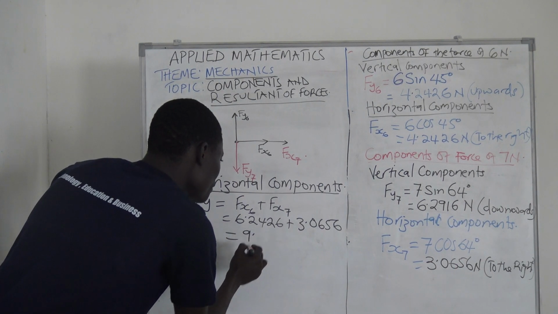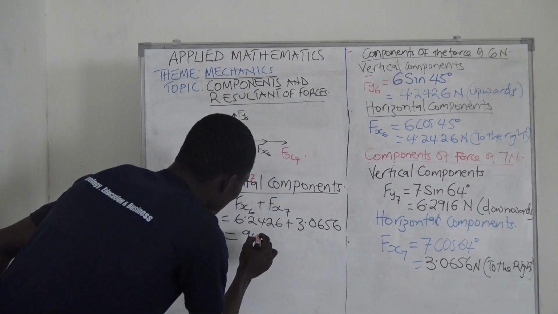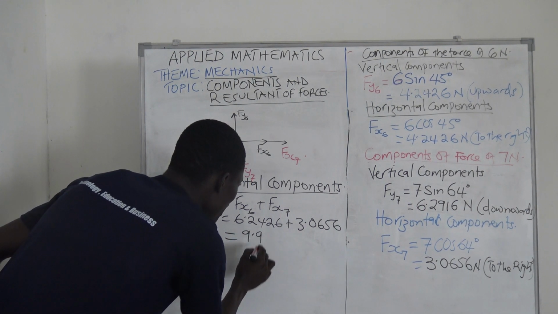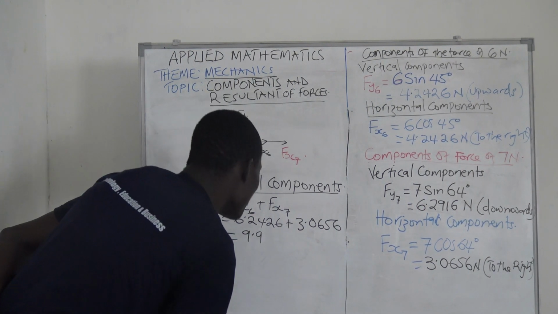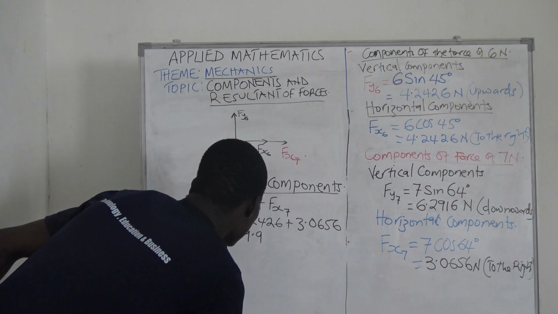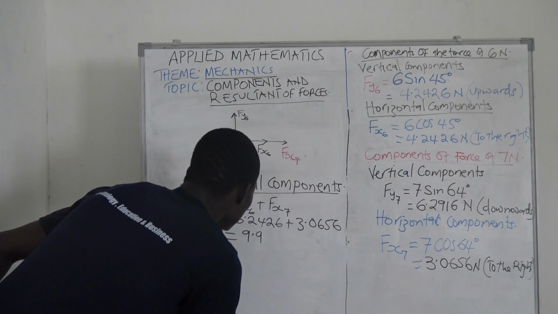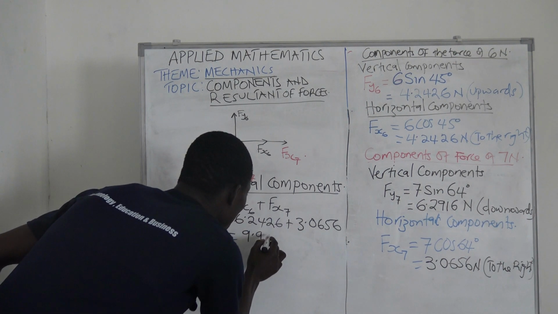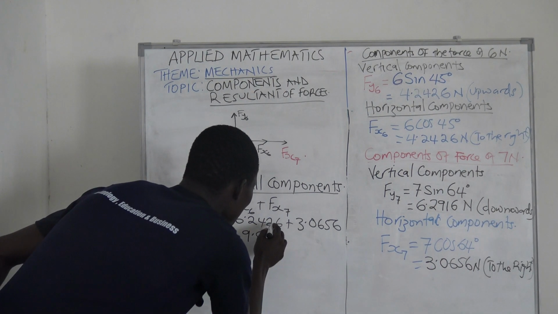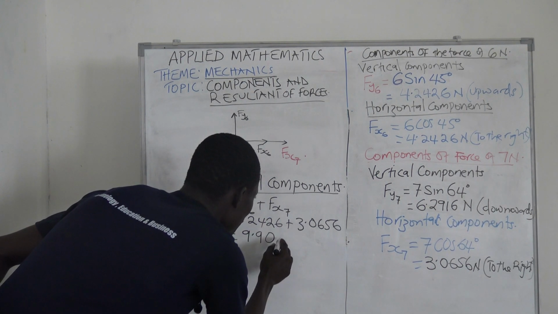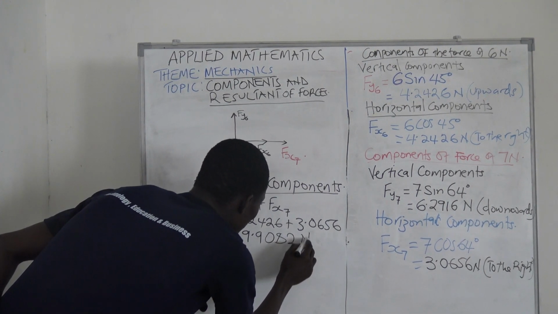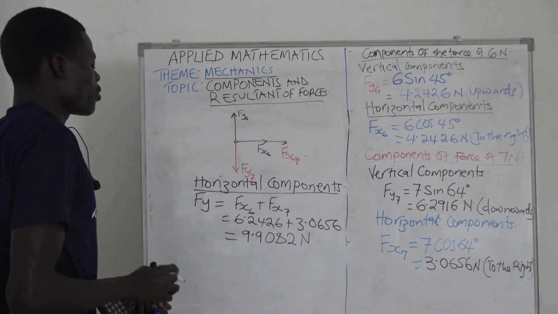The answer you get is 9.3082 Newton. That is our resultant component.